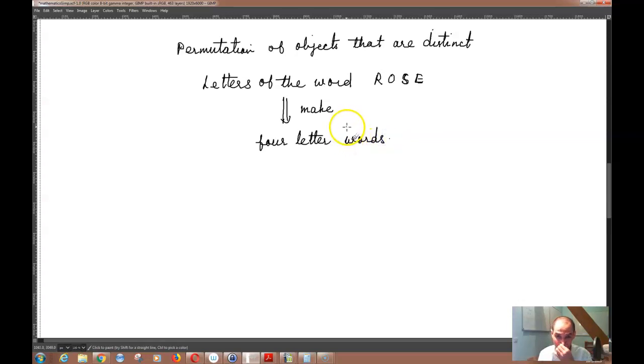So basically what we did was that we took all of these letters and then we rearranged them, and what we got was permutation 4, which is equal to 4 factorial over 0 factorial, which is equal to 4 factorial, which is 4 times 3 times 2 times 1, which is equal to 24.